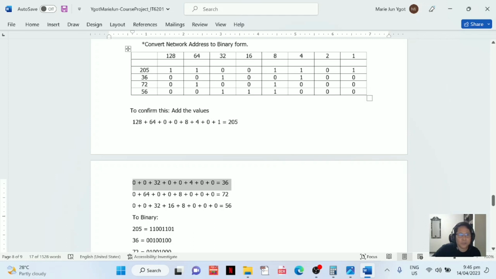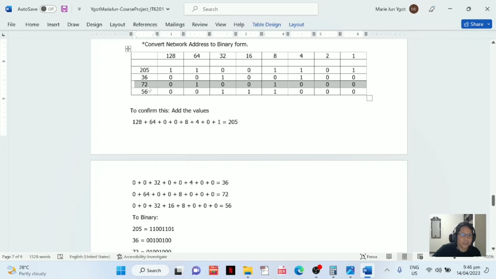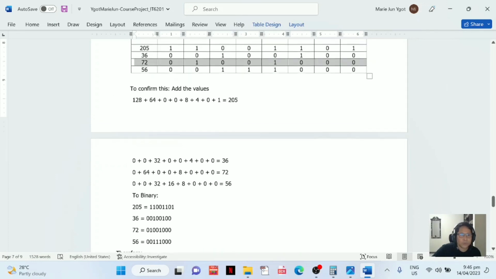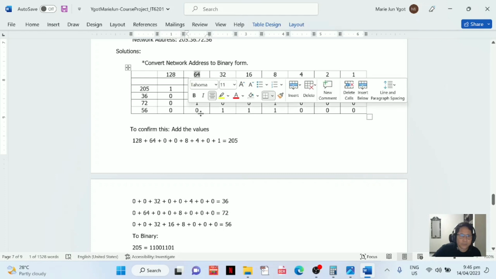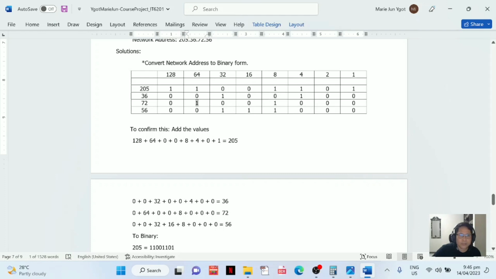So let's move on to our next octet. We have 72. For 72, we cannot use 128, so 0 here. We can use 64, so we have to put 1 here. Again, we cannot use 32, but we can use 16.